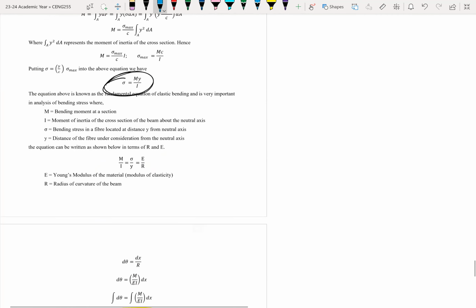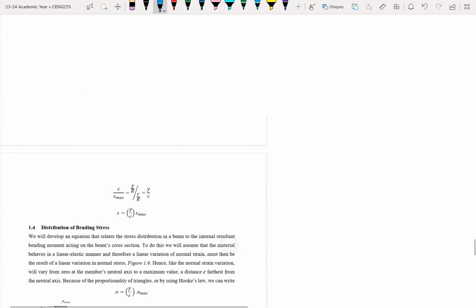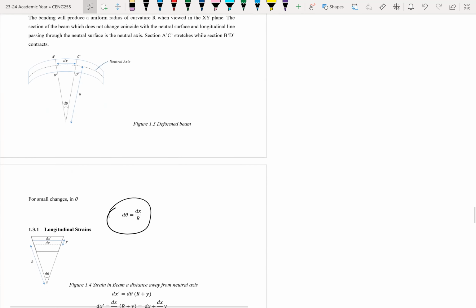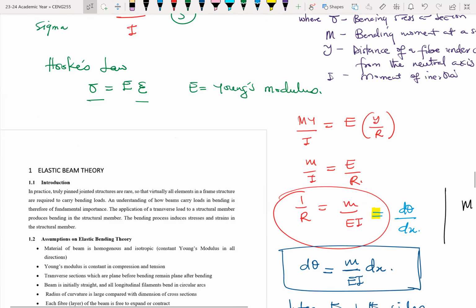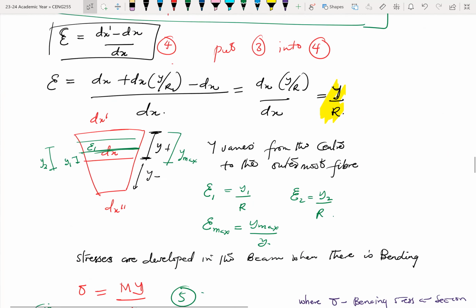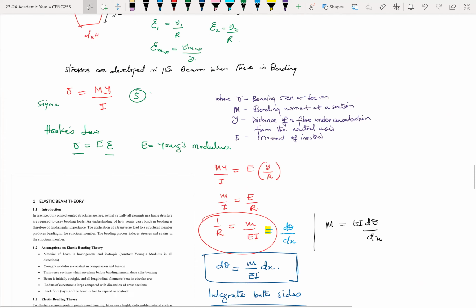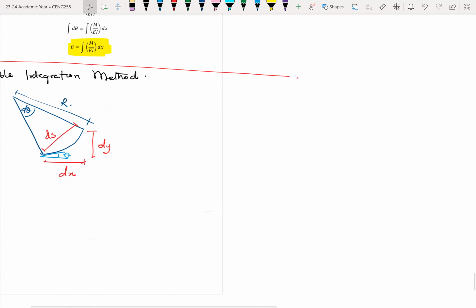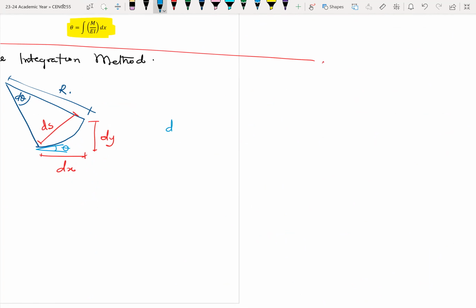Just to explain the concept: with respect to all of these diagrams we looked at, even the one I drew earlier, we were assuming that dy was 0. If dy is 0, then dx is the same as ds. It doesn't change anything.